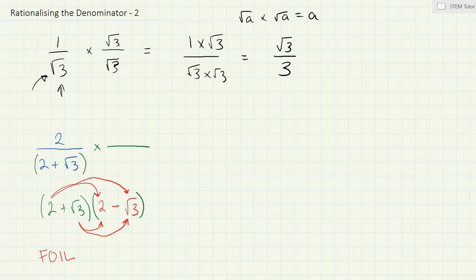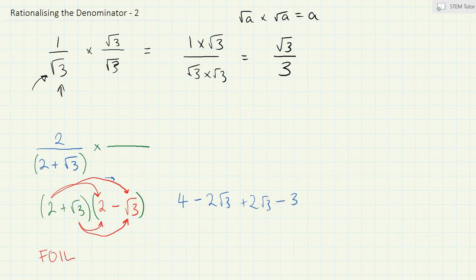I'll show you how it's easier to show this if I multiply this out. Following FOIL, 2 times 2 would be 4, minus 2 root 3, so that's from this arm. Then we'd have plus 2 root 3, plus root 3 times minus root 3 would be minus 3.